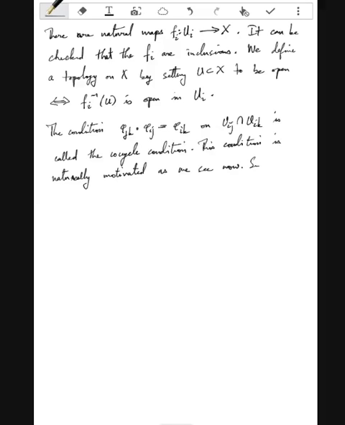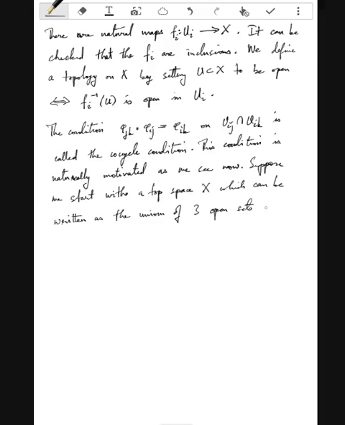Suppose we start with a topological space X, which can be written as the union of three open sets U1, U2 and U3.